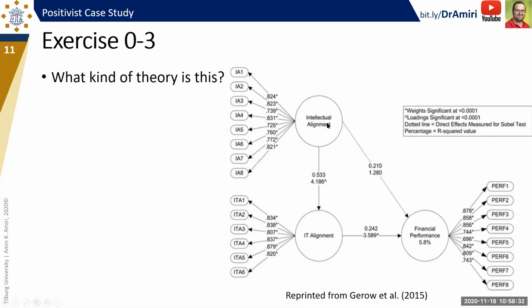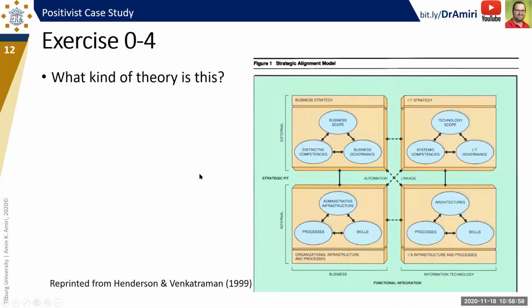Here it says that increasing intellectual alignment will increase IT alignment, and increasing IT alignment will increase financial performance. In reality, they have found empirical support for these two relationships, but the relationship between intellectual alignment and financial performance is not supported by the data. So again, we have a variance theory here.